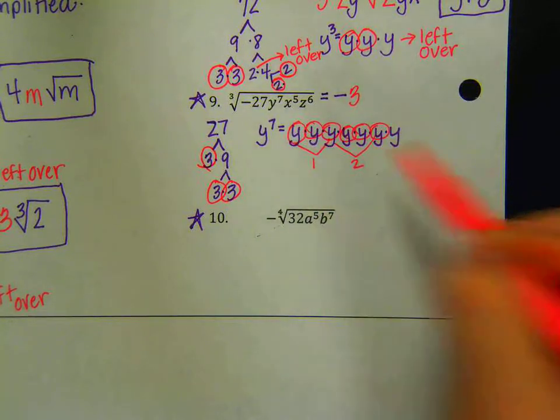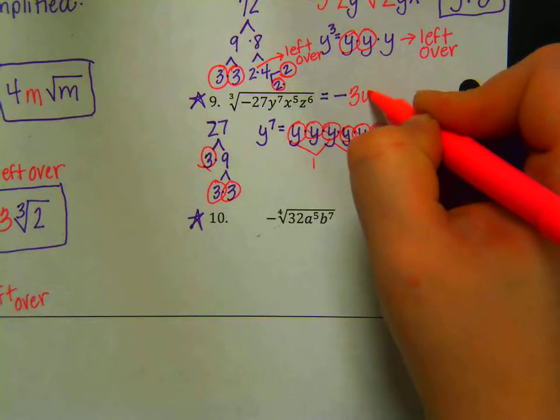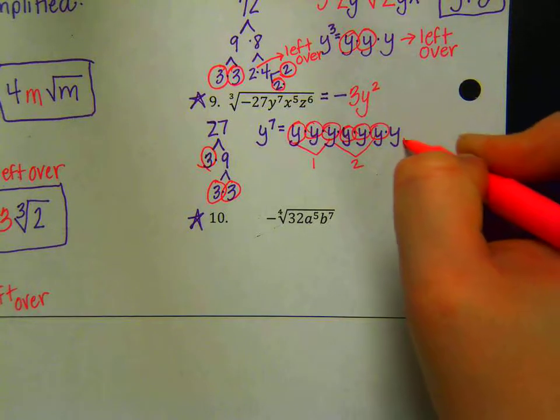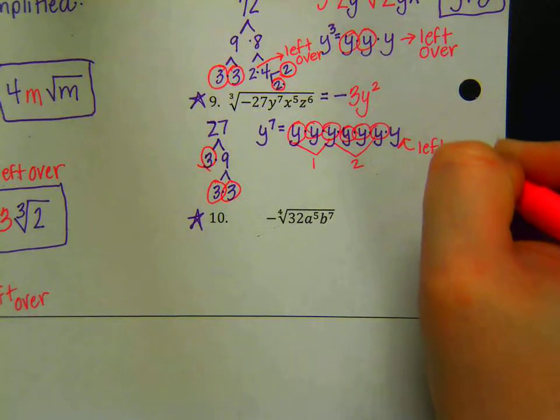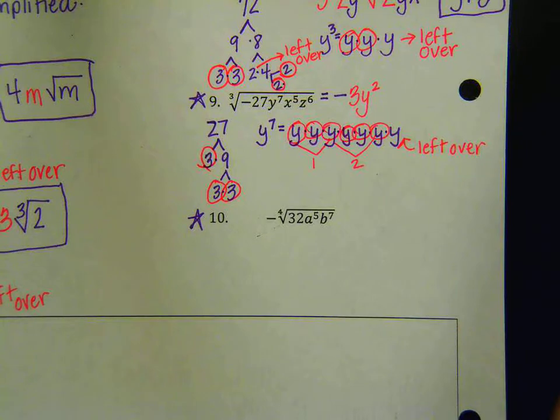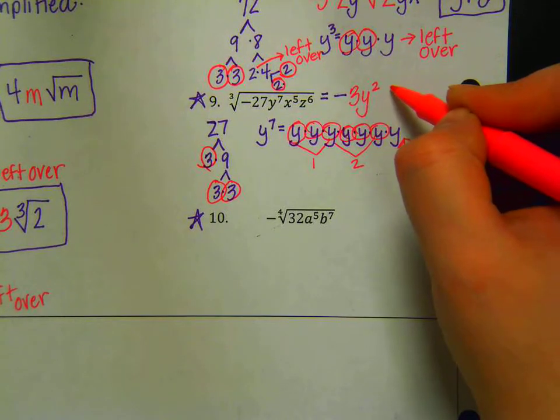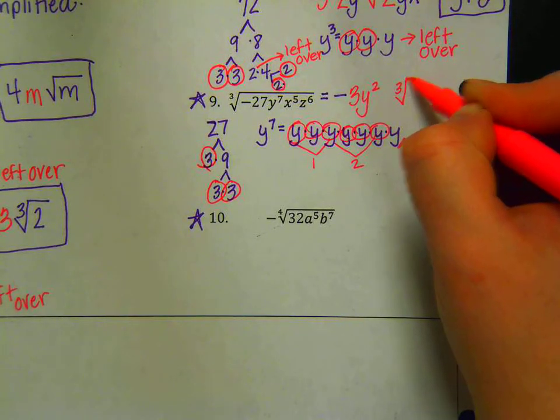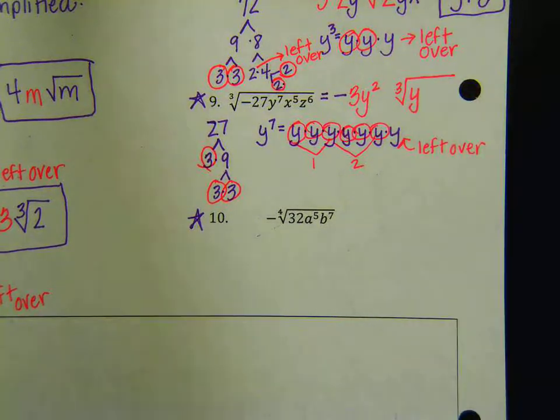I have y squared with 1 y left over. And if you did it the other way, 3 goes into 7 how many times? Twice with 1 left over. So without writing it down, that's how you could have done that one.